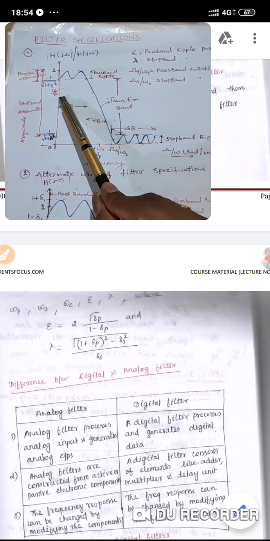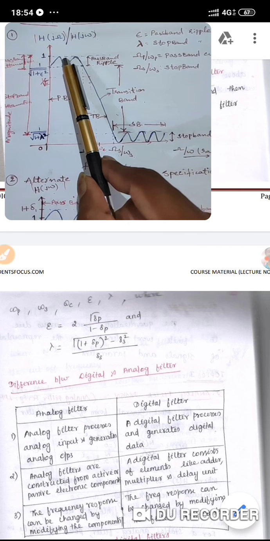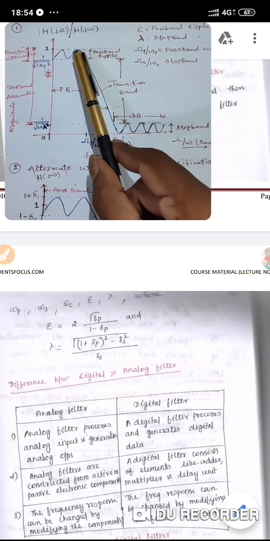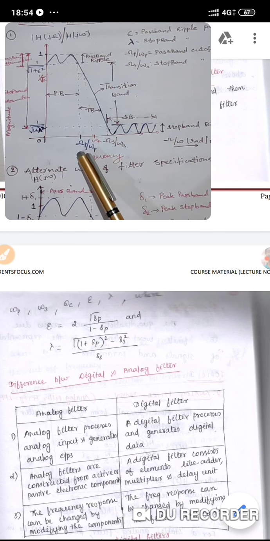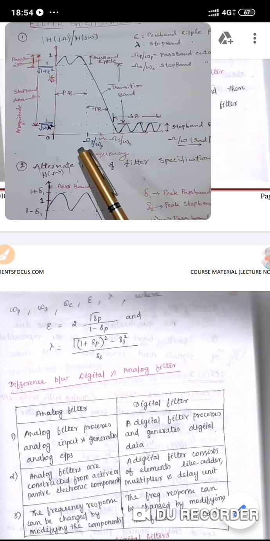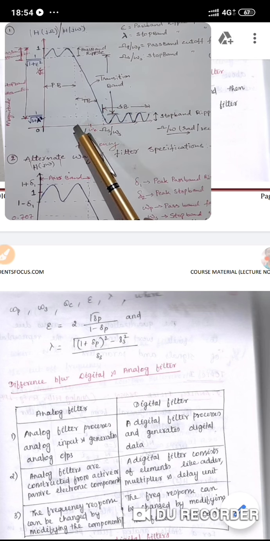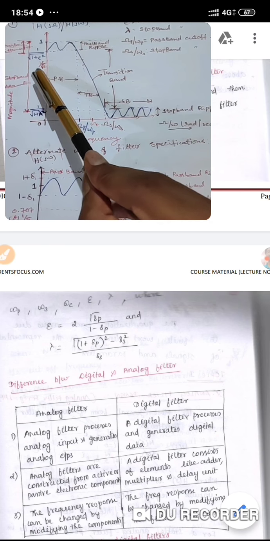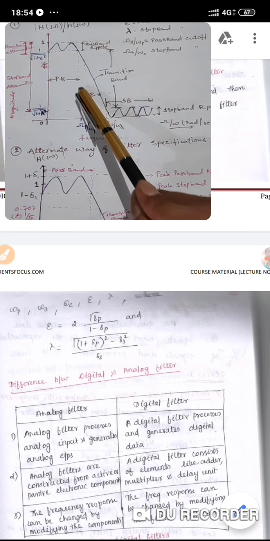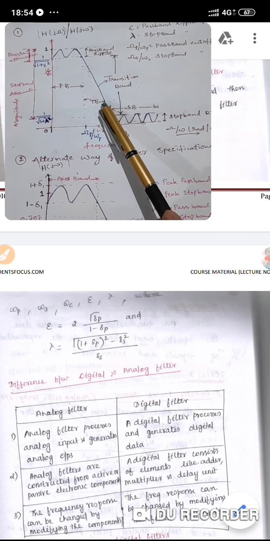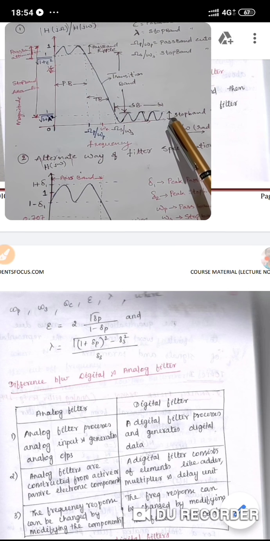As we can see, the maximum amplitude is at 1, and the pass band extends till omega p. At omega p the magnitude is 1 by root over 1 plus epsilon square, and there will be some transition band, and then we will get the stop band.